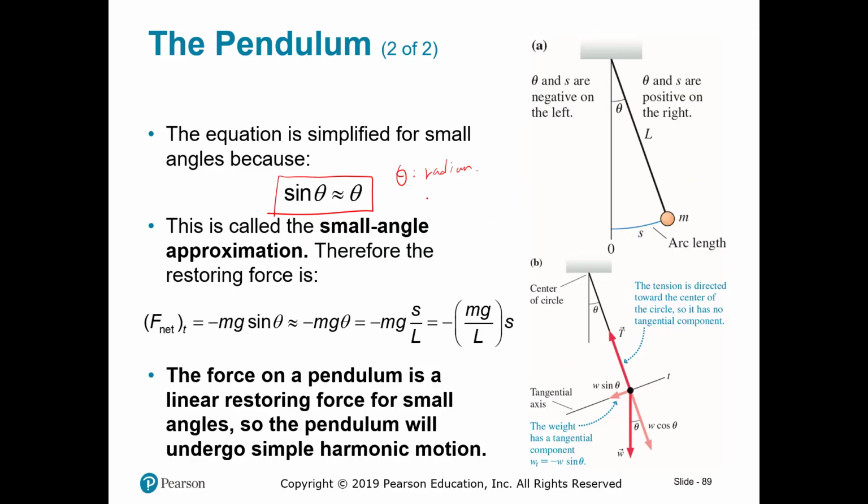So in other words, if theta is 0.1 radian, for example, sine of 0.1 radian is actually 0.1, right? That's what it means. So now, assuming the pendulum angle theta is a very small angle, then instead of sine theta, you can say your force is minus mg theta.